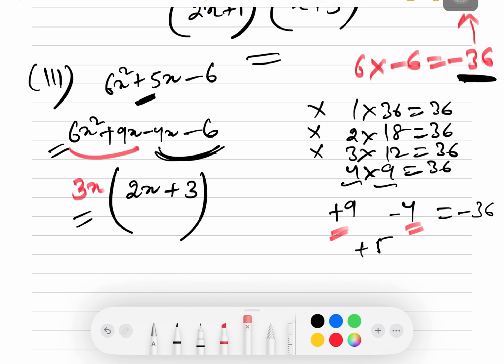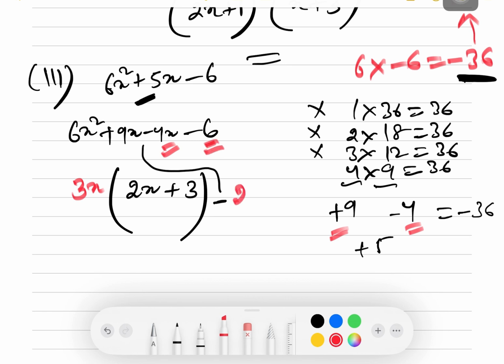Now go to the last two terms, which are minus 4x and minus 6. So first you copy this sign here, the minus sign. Now what is common here? Minus sign I took common. So for 4x and 6, what is the common number? They both are in the 2 table, they both are divisible by 2, so 2 only is common, the x variable is not common. Okay, so start your bracket.